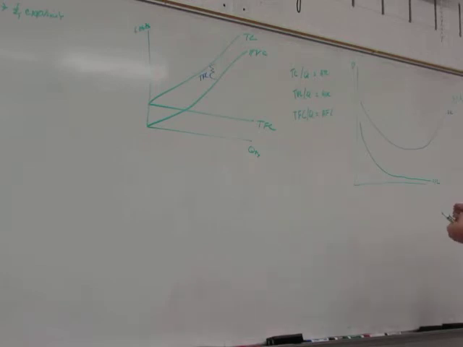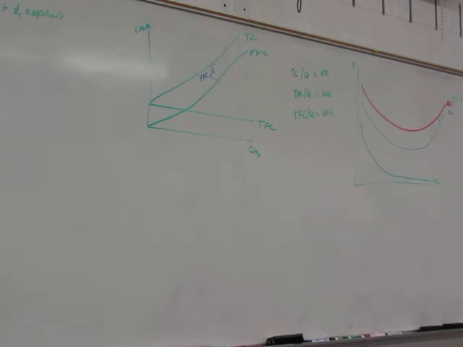Our average total cost is going to fall and then start rising, and it's going to get closer and closer to AVC because the distance between these two is AFC, average fixed cost, and average fixed cost is going to get closer and closer to 0. So the distance between those will get closer and closer.